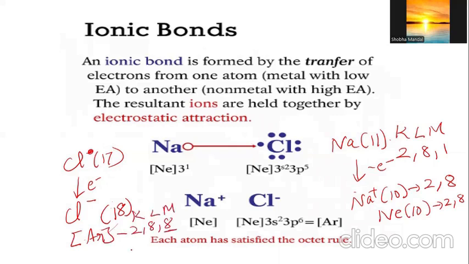So we observe that the octet rule is satisfied for each atom in the process of formation of the ions. And when the ions are formed, the resultant ions are held together by the electrostatic attraction, forming an ionic bond.